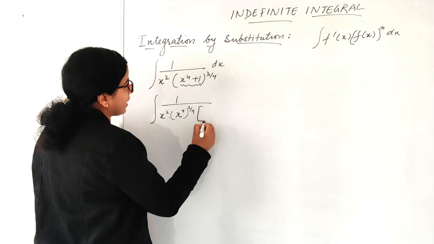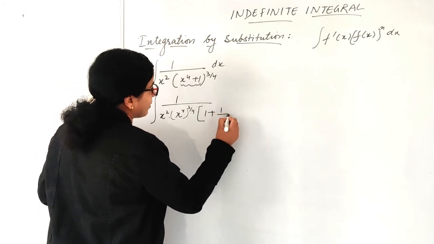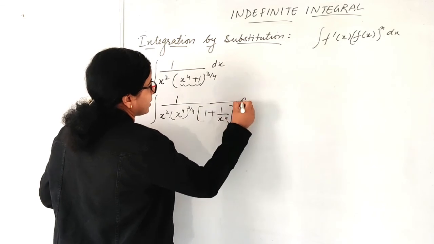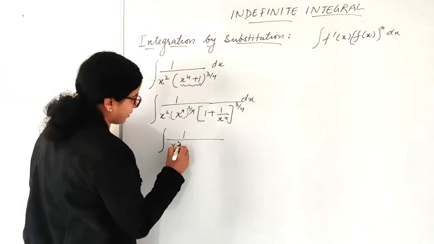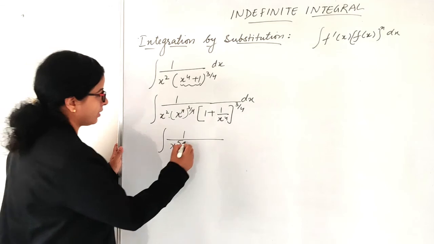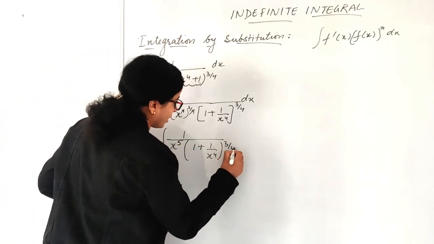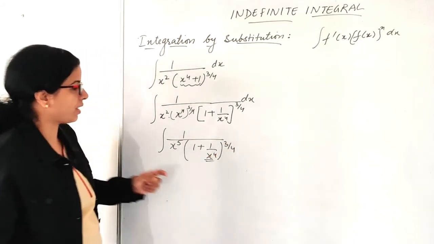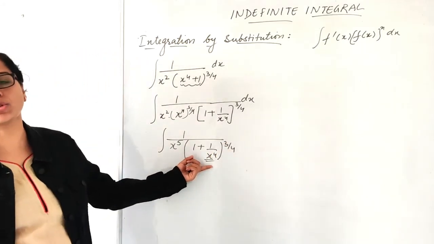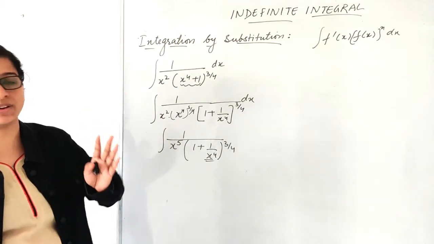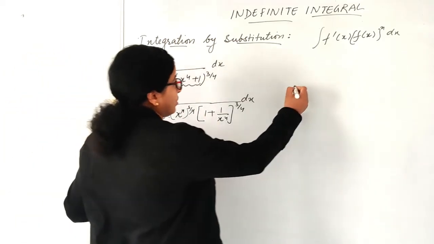So now you are left with 1 plus 1 by x^4 raised to the power 3 by 4 dx. Is that clear? This becomes x to the power 5. 1 plus 1 by x^4 to the power 3 by 4. And we know the derivative of x to the power minus 4 is 1 by x to the power 5 kind, right? So let us check it out.